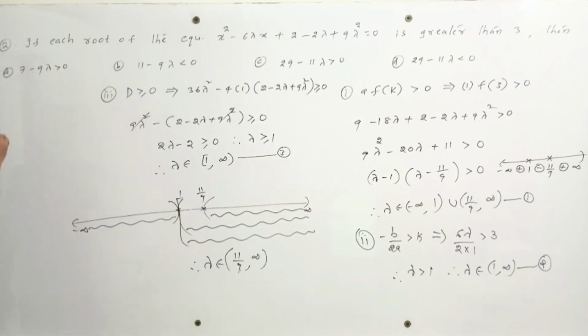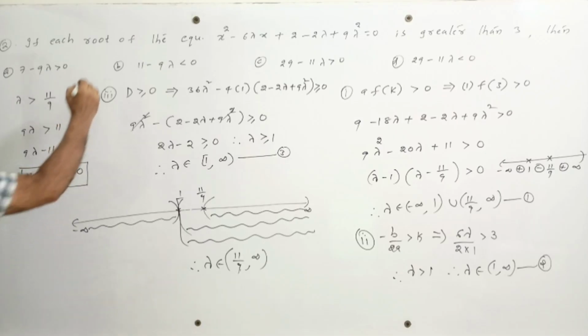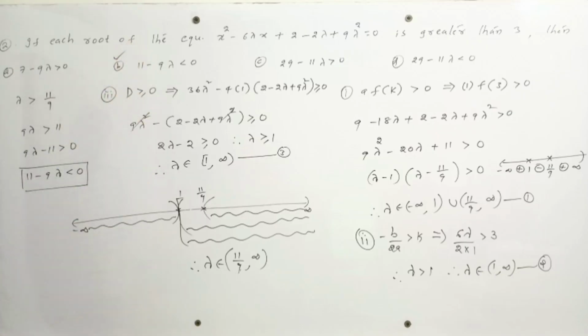Lambda lies in that interval means lambda greater than 11 by 9, so 9 lambda greater than 11, 9 lambda minus 11 greater than 0. Dropping the minus sign, 11 minus 9 lambda becomes less than 0, because the inequality reverses. The option was given in this form, so I can say option B is the correct option.